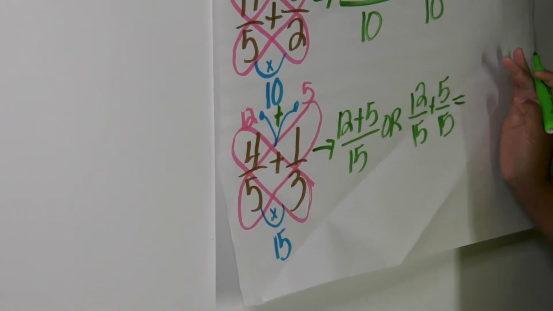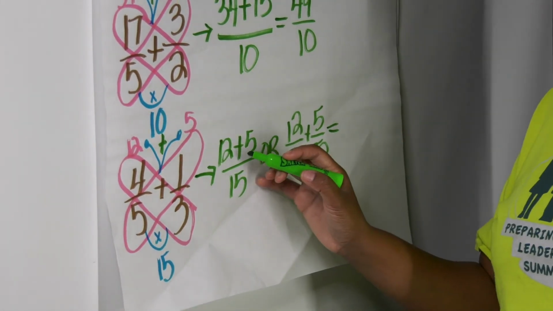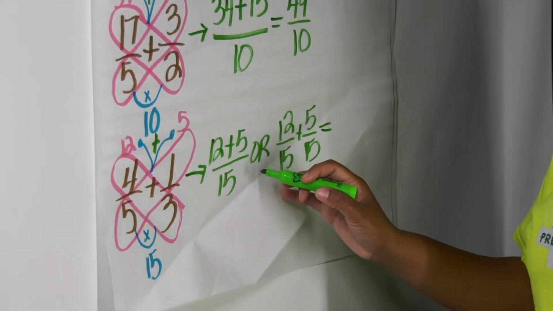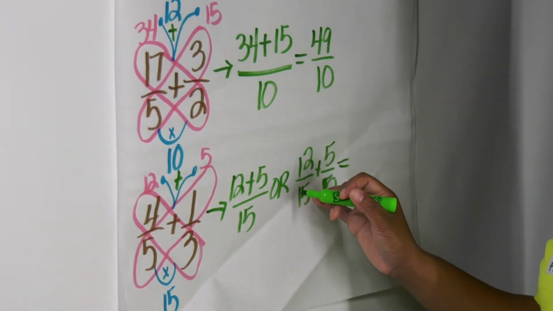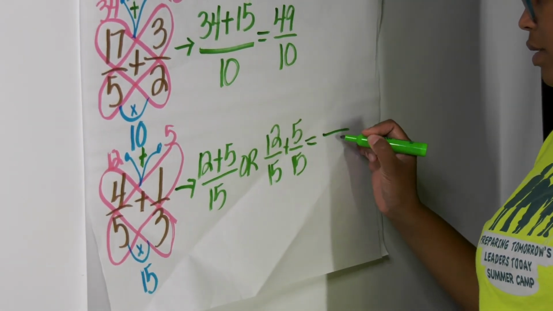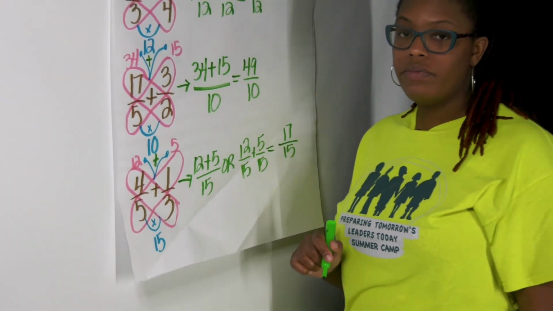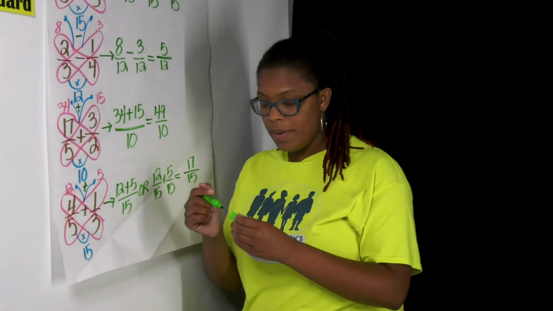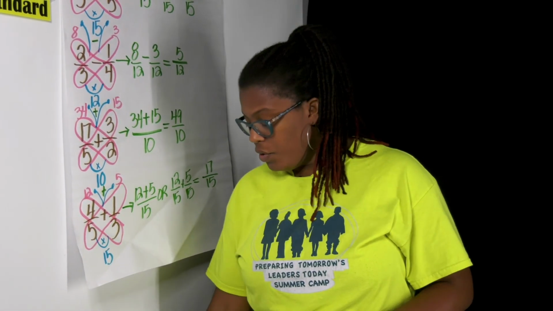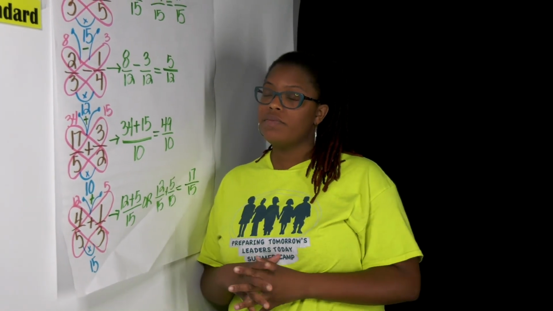And here I broke it down into 2 separate fractions. So I can add 12 plus 5, which is 17, and still the same thing here. 12 plus 5, which is 17, and since my denominators are the same, just bring it over, which is 17/15.